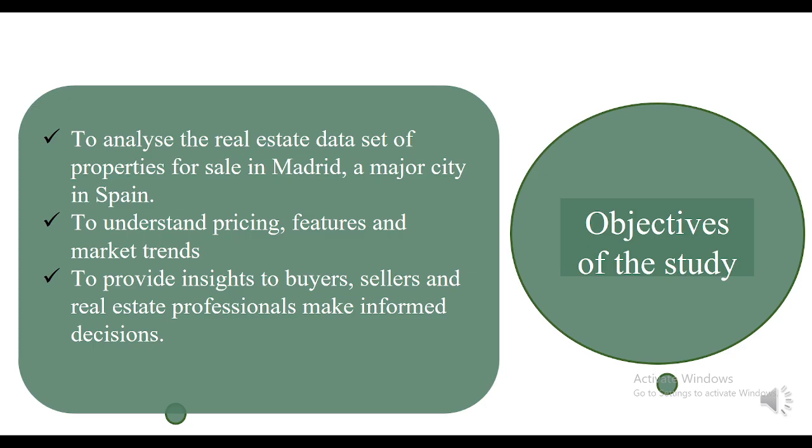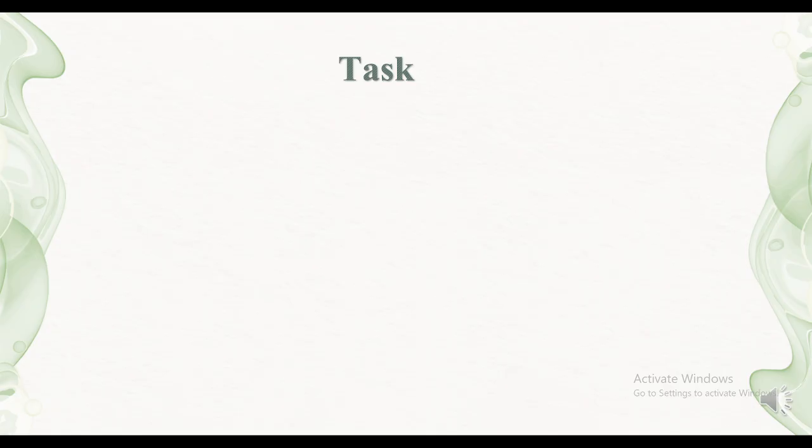At the end, we will provide insight to the buyers, sellers, real estate professionals, and all the stakeholders involved in property, which helps them make an informed decision by seeing this data analysis report. That is the major intention behind this analysis.